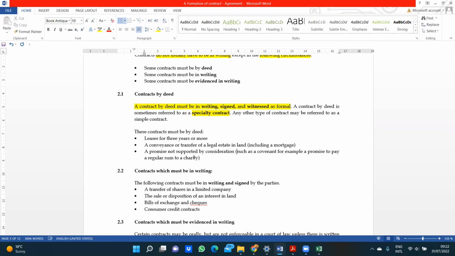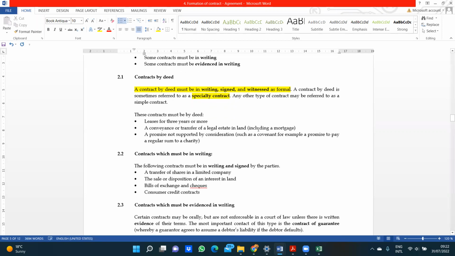Simple contracts are generally written and signed, but in a deed, the deed has to be witnessed as well. The contracts that must be by deed are, for example, leases, a conveyance or transfer of a legal estate in land, including a mortgage, and a promise not supported by consideration, such as a covenant, for example, a promise to pay a regular sum to a charity.